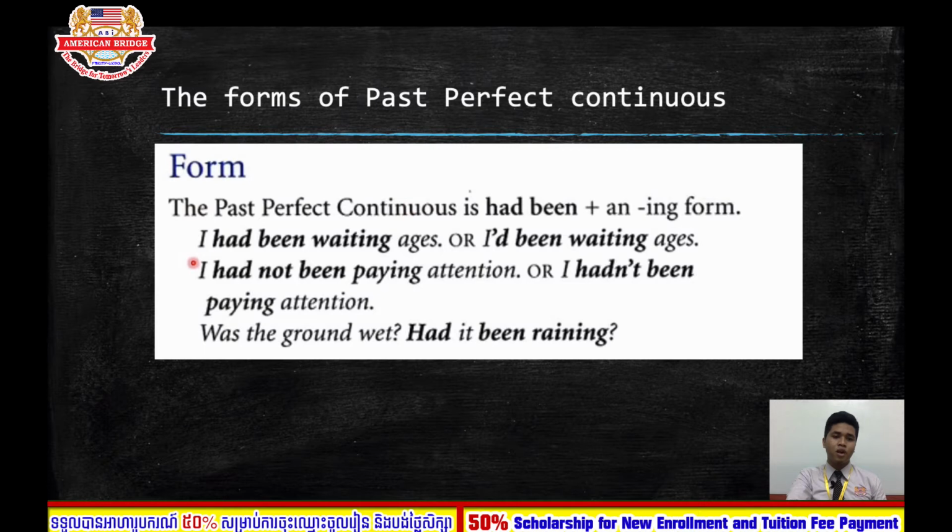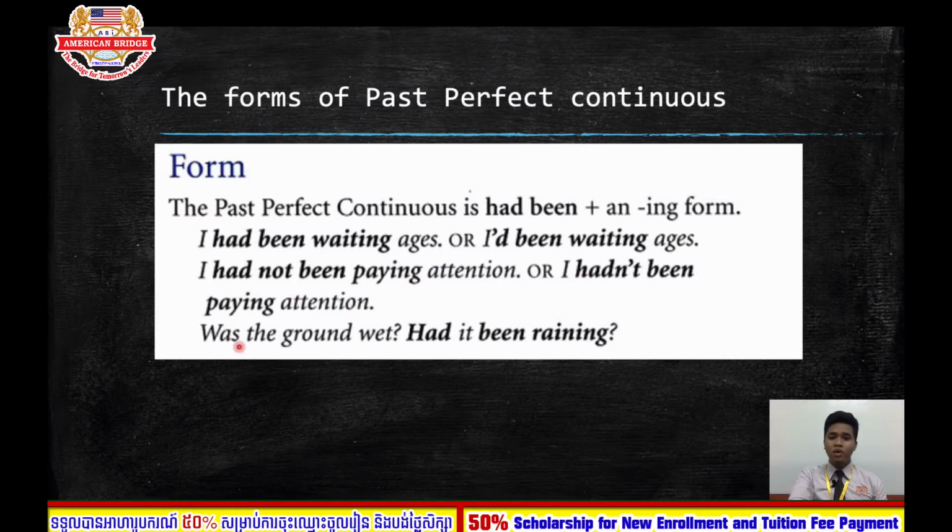Look at the example: I had been waiting ages, or I'd been waiting ages, which is the positive form. For the negative form, we just add not between had and been. So: I had not been paying attention, or I hadn't been paying attention.